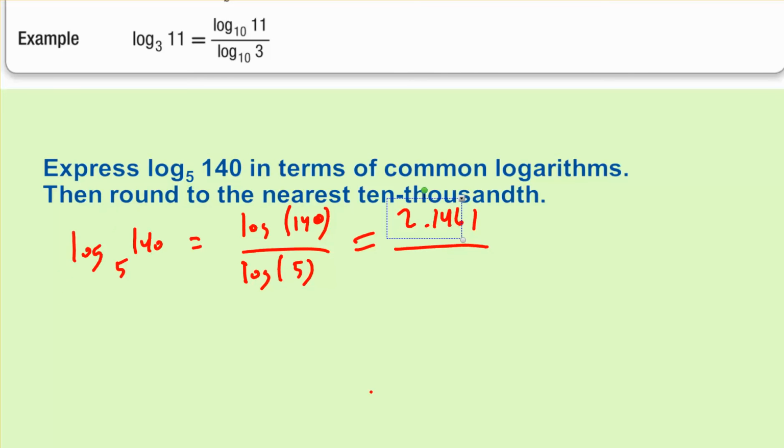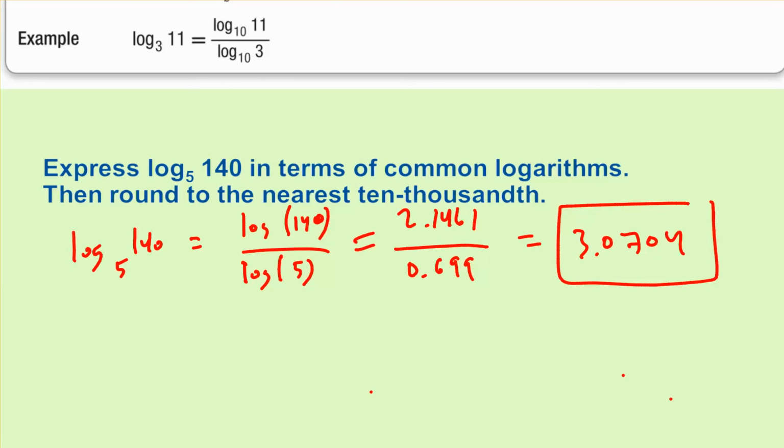2.1461 over log of 5. Enter. 0.699. And then that equals, let's see here, divided by, enter, 3.0704.